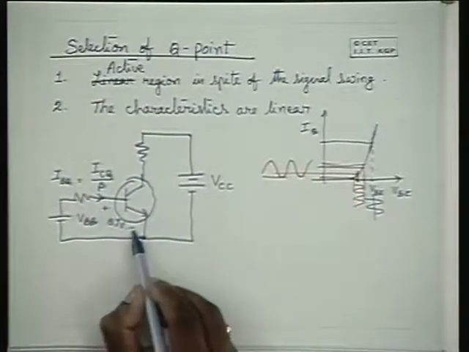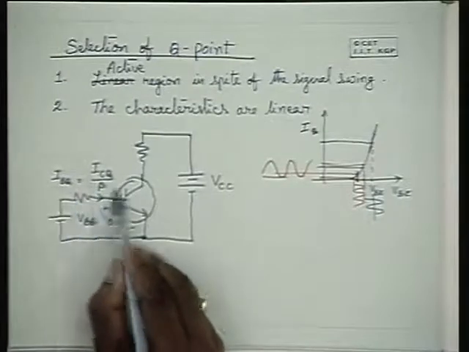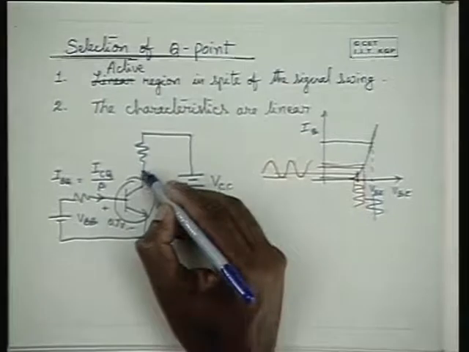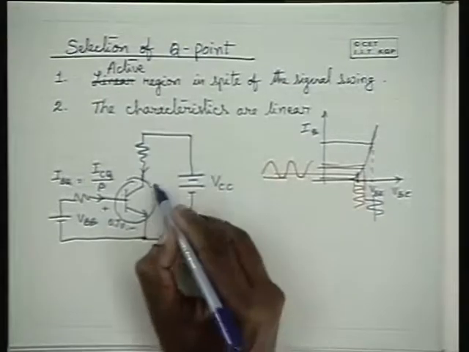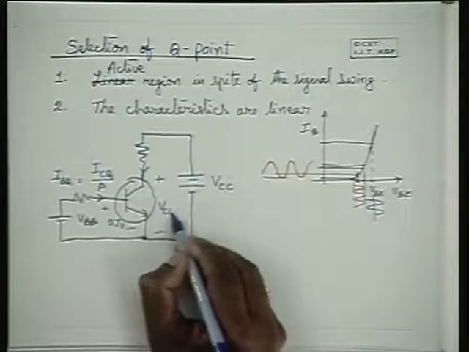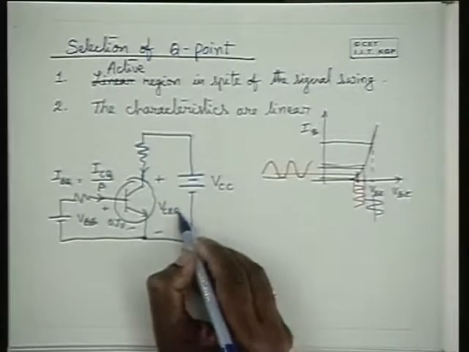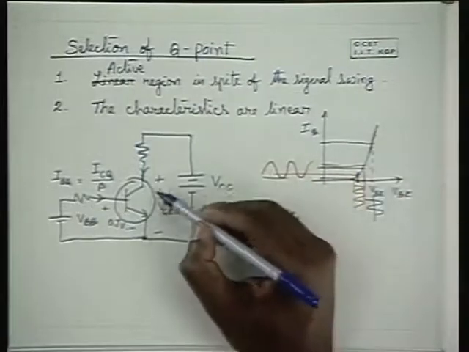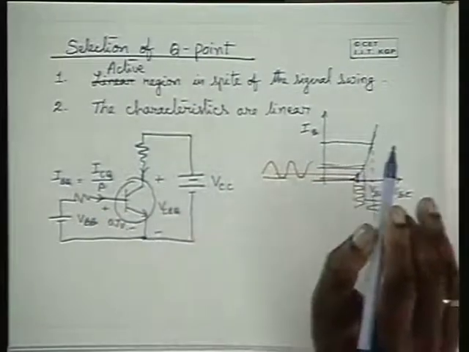VBE should be 0.7 and IBQ should be this much. Then, given that ICQ, the voltage VCE should be equal to VCEQ. So that is the requirement.